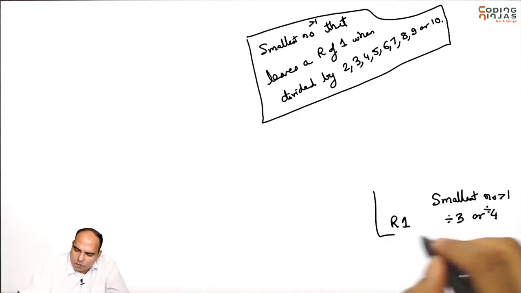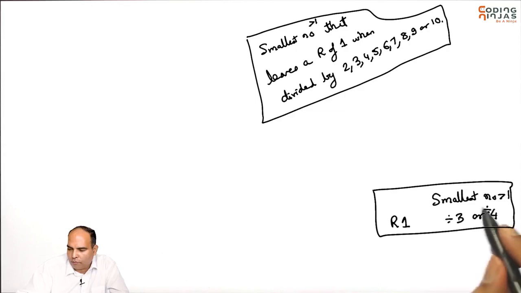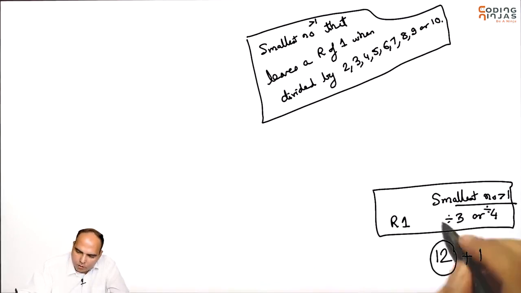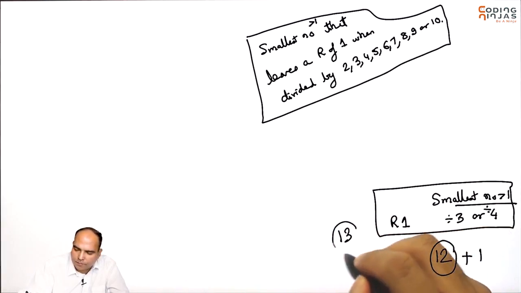The logic of this question is built on the LCM, because what you need to spot to find this answer is the LCM of 3 and 4, being 12, plus 1. So the smallest number that will leave a remainder of 1 when divided by 3 and 4 is 13.